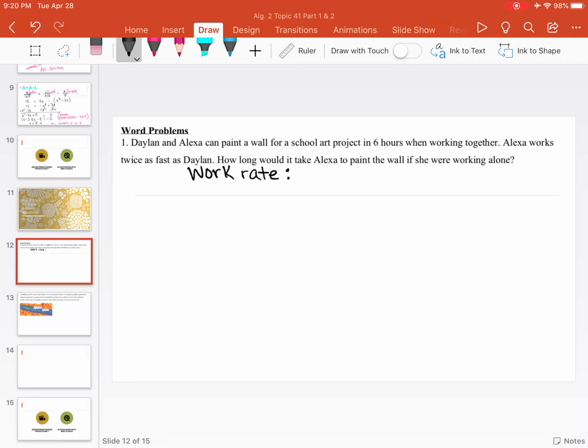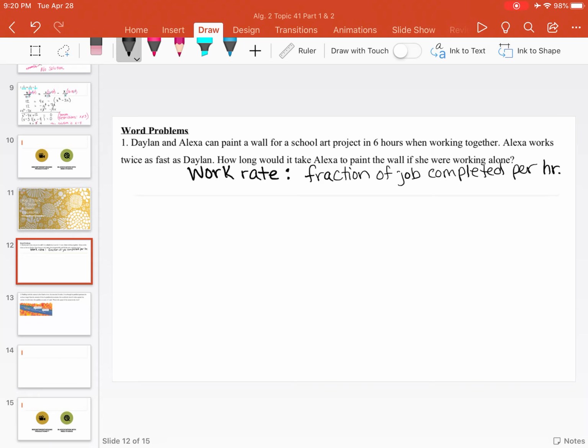Now the work rate, in this case, is the fraction of the job completed per hour. So that's where we deal with the fraction. We have the per hour.